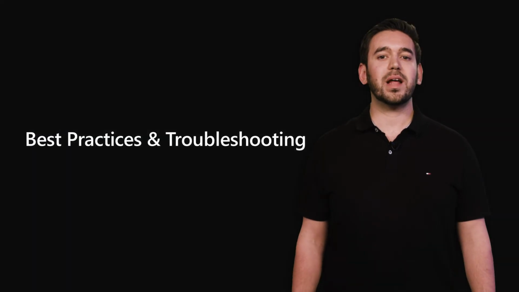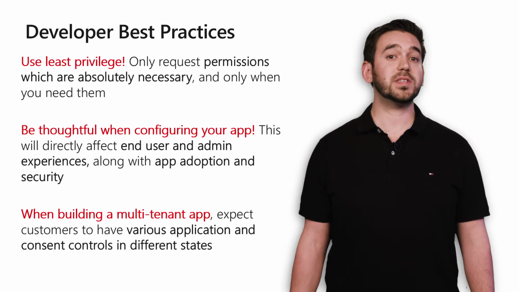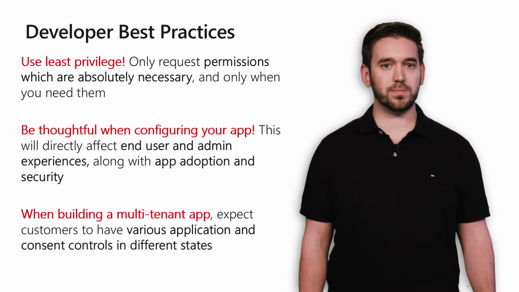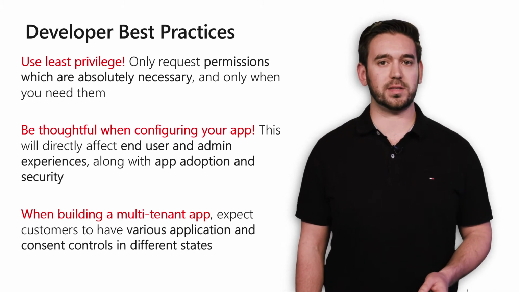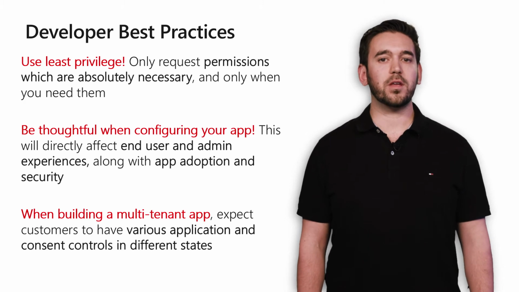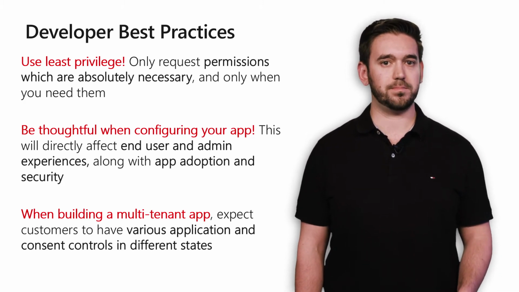All right, so now let's move on to some best practices in troubleshooting. First things first, always abide by the principle of least privilege. This means that you should only request permissions that are absolutely necessary, and only at the moment when you need them. Remember that you're asking for permission to access sensitive customer data here.